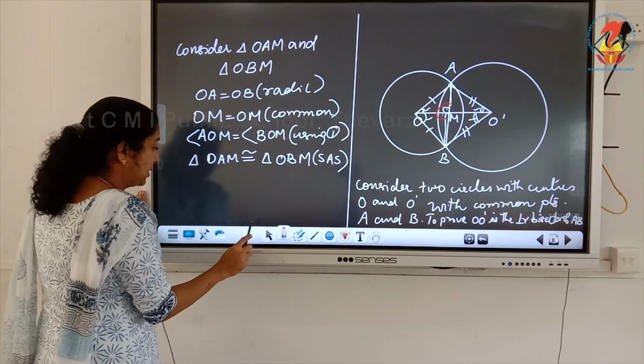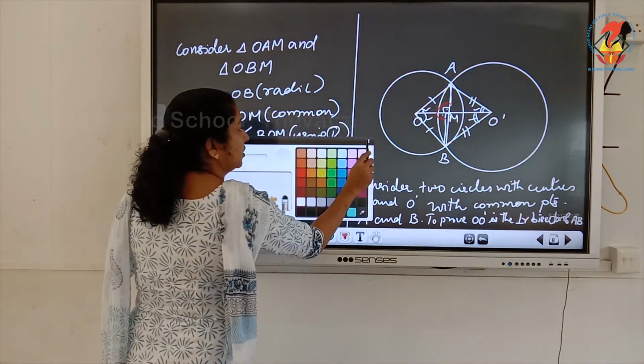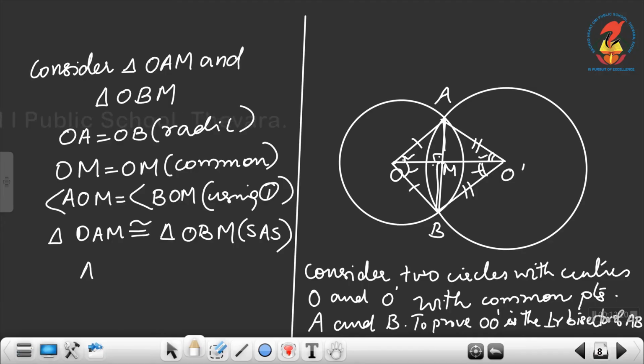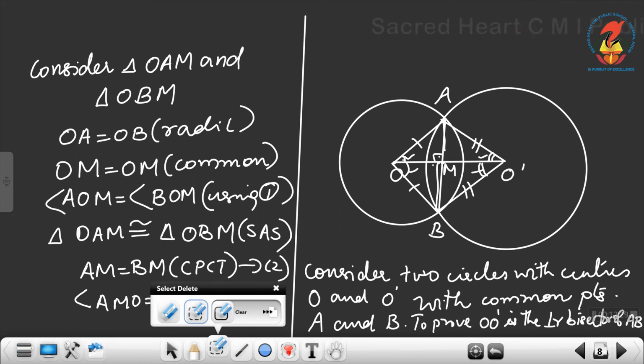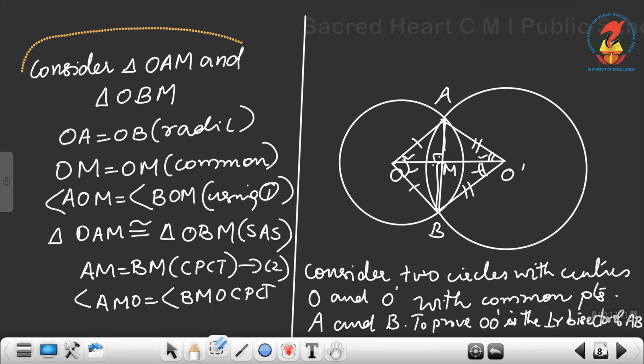So AM is equal to BM using CPCT, equation 2, and angle AMO is equal to angle BMO using CPCT. But what about the sum of these two? 180 degrees because it makes a line.